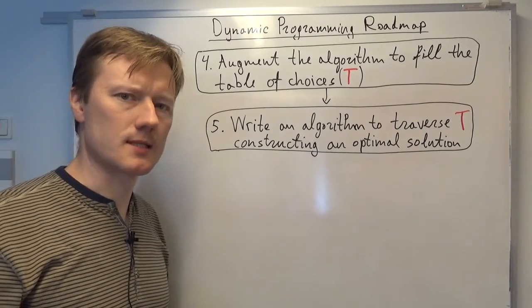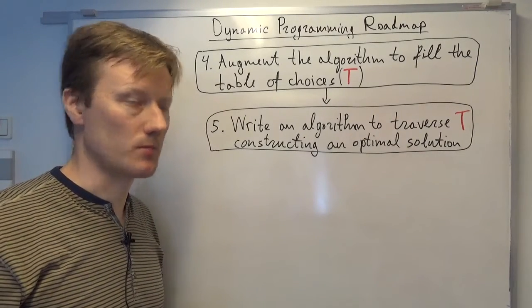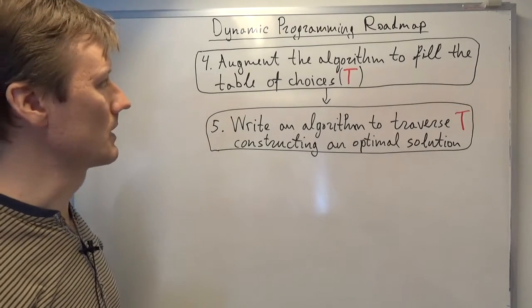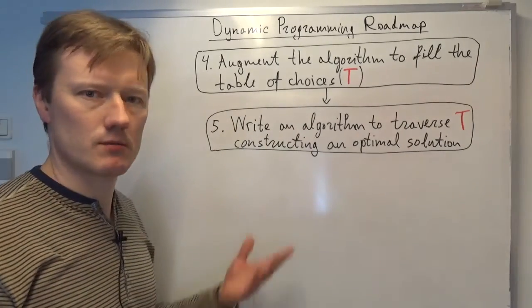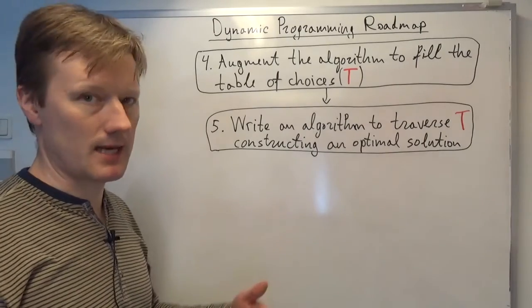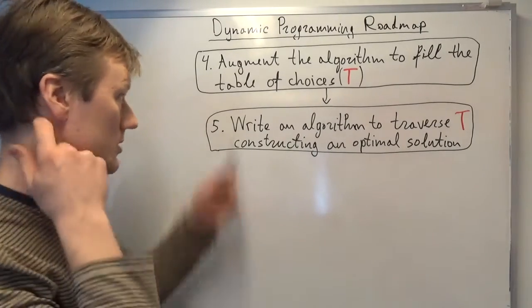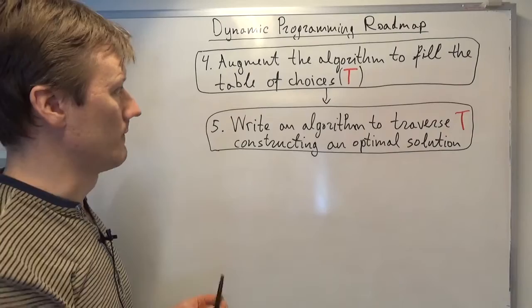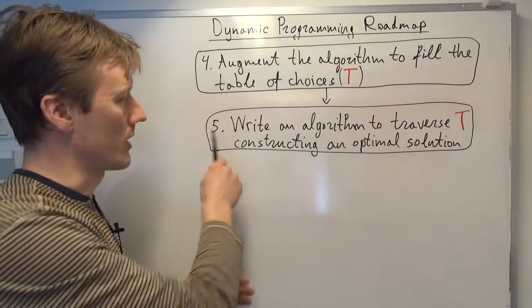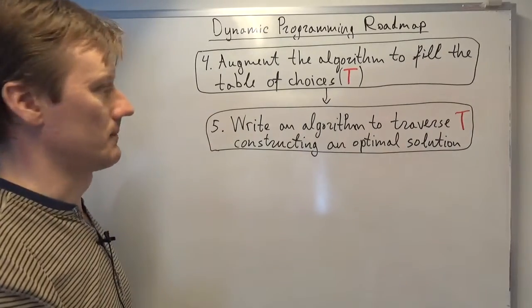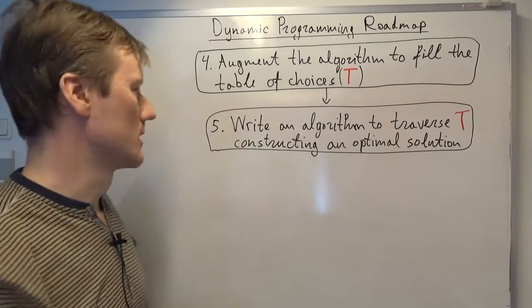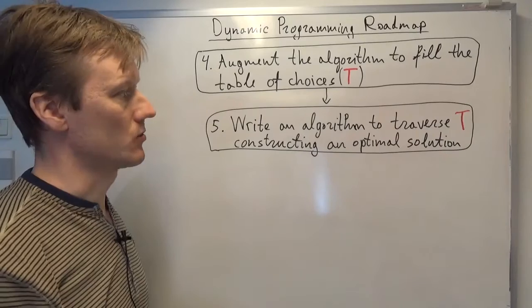So this table has the same size as the table of solutions to subproblems, and you fill it by just adding some lines in the original algorithm to record these choices. Once you have done that, then you can write an algorithm that traverses this table, usually backwards, constructing an optimal solution.